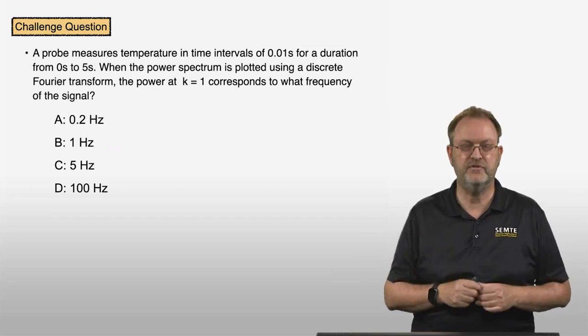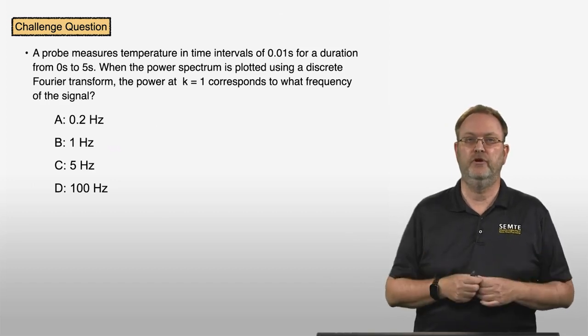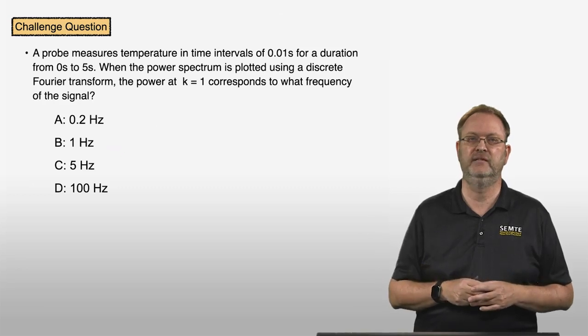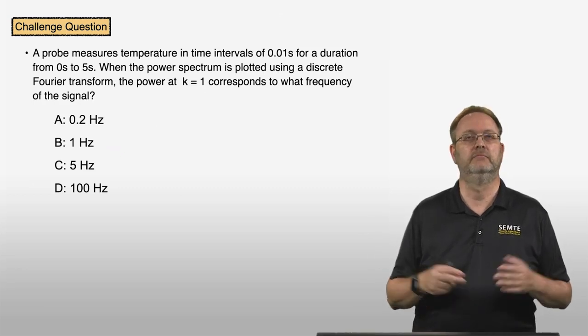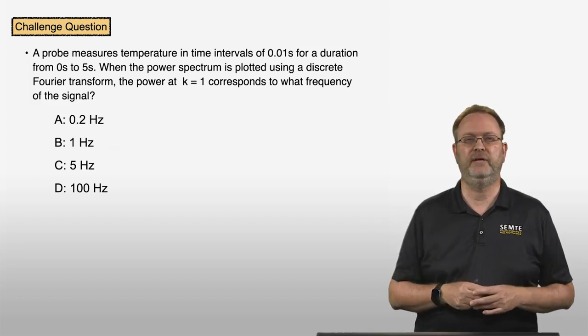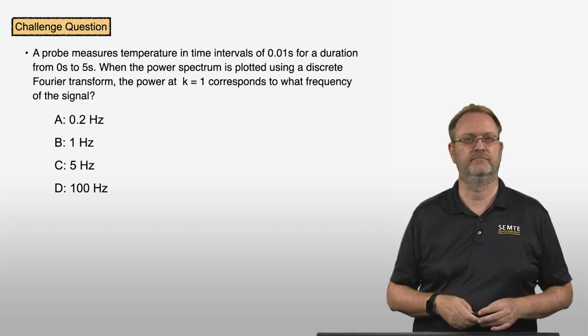And here are your options. Option A is the frequency would be 0.2 hertz. Option B, the frequency is 1 hertz at k equal to 1. Option C, the frequency is 5 hertz. Or option D, the frequency is 100 hertz. Please make your choice.